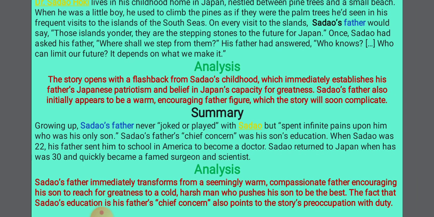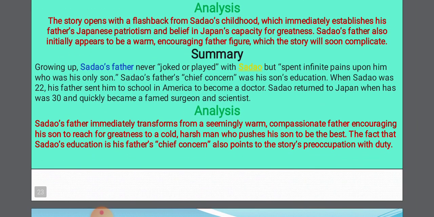Now, summary of the next part. Growing up, Sadao's father never joked or played with Sadao, but spent infinite pains upon him, his only son. His chief concern was his son's education.